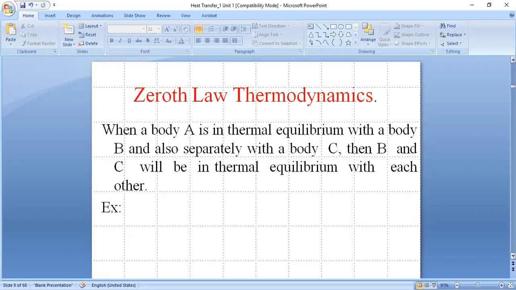When a body A is in thermal equilibrium with a body B, and also separately with a body C, then B and C will be in thermal equilibrium with each other. See here, this is body A, this is body B, and this is body C.